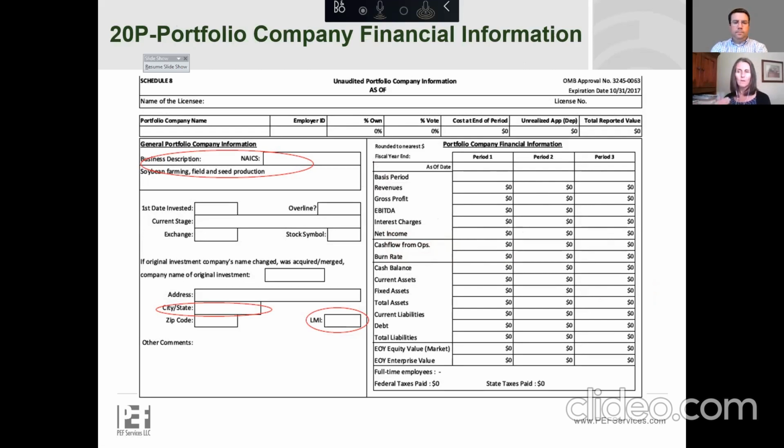Some data points aren't reported if you only hold a loan position. And the unlevered funds are not required to report all of the data points. There's a limited number of data points that they're required to submit. So if you're looking at it from a quarterly 468 perspective for a levered fund, you're seeing the quarterly financials of the portfolio companies, again, on a trailing 12-month basis each quarter.